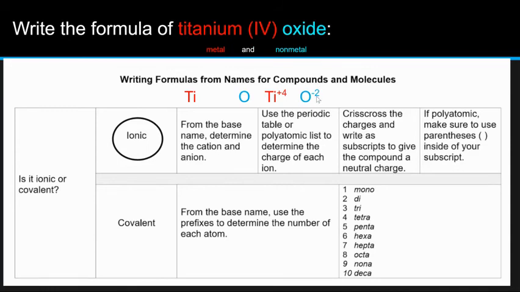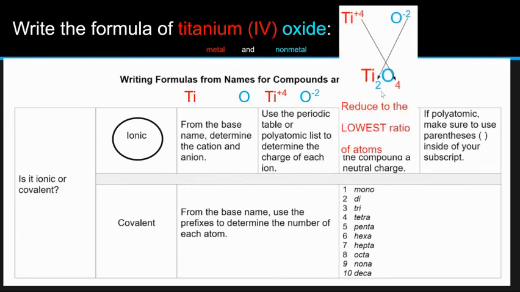When we crisscross, we're going to get Ti2O4, the charge from titanium dropping in as the subscript on oxygen, the charge from oxygen dropping in as the subscript on titanium, and we must remember to reduce this to the lowest ratio of atoms. A 2-to-4 ratio can be reduced to a 1-to-2 ratio.